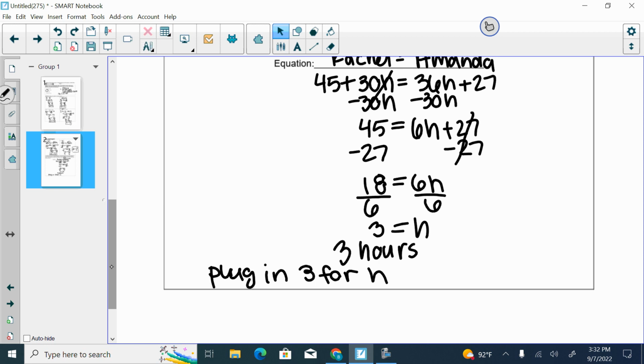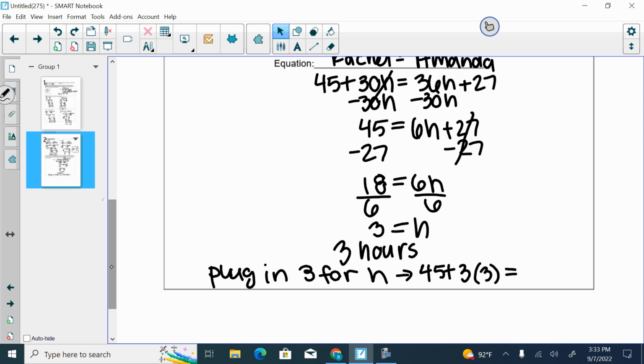Okay, so let's do it first for Rachel. Rachel's side was 45 plus 30 times H. And what are we plugging in for H? Good. All right, so order of operations, we've got multiplication and addition in this problem.